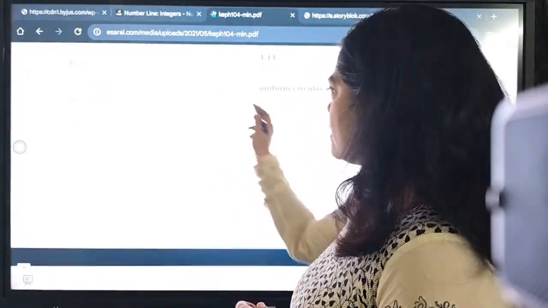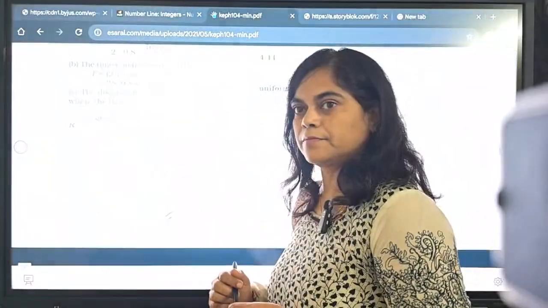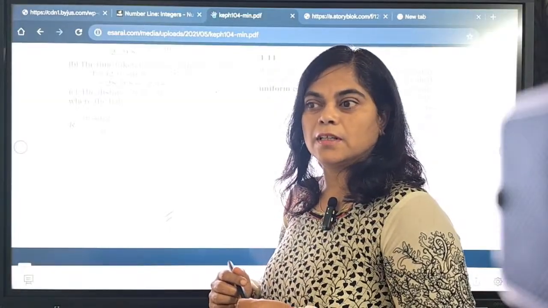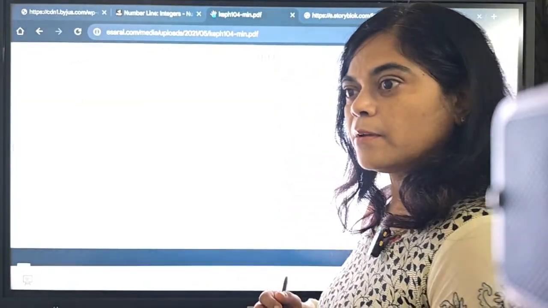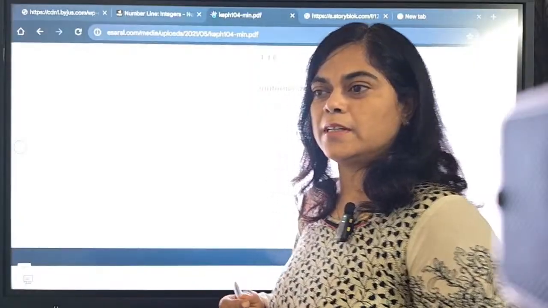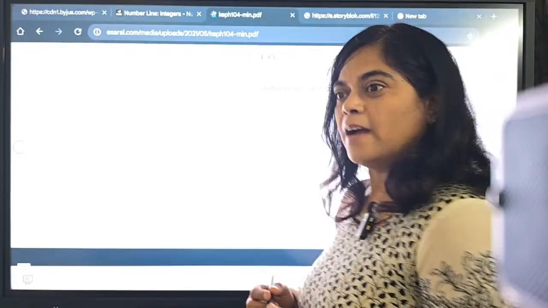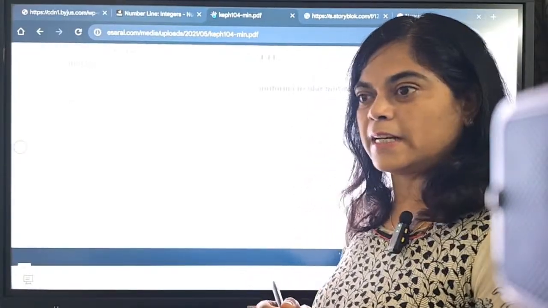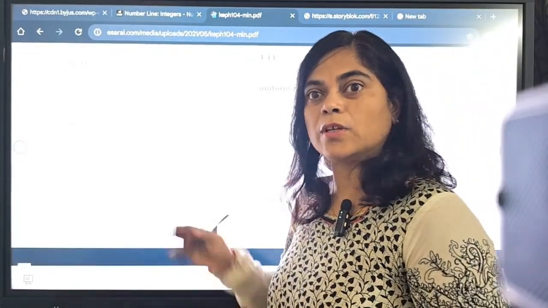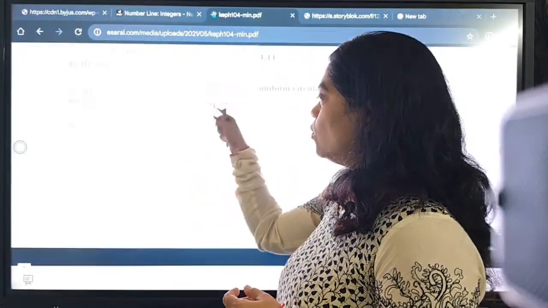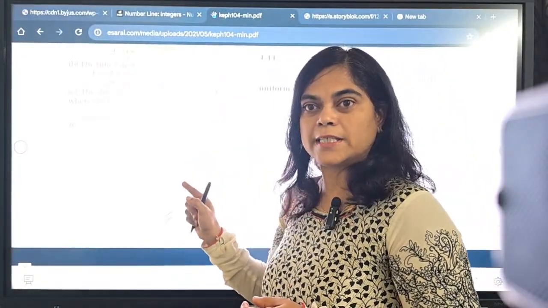So what is the length of the arc right now? 2 pi r by 4, so pi by 2 r. Is it clear for you? So it is one quarter of the whole circle. Can you understand?